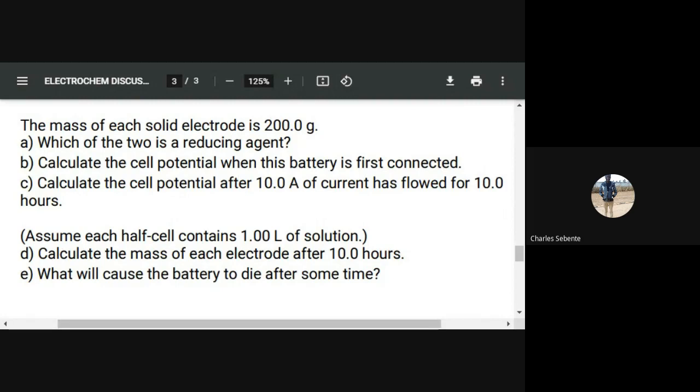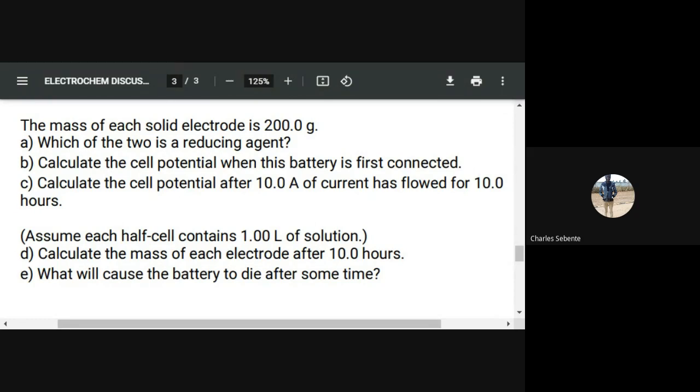We're given the current, which is 10 amperes, and this is flowing for 10 hours. We know how to find the charge: current times time, the charge in coulombs equals amperes multiplied by time in seconds.